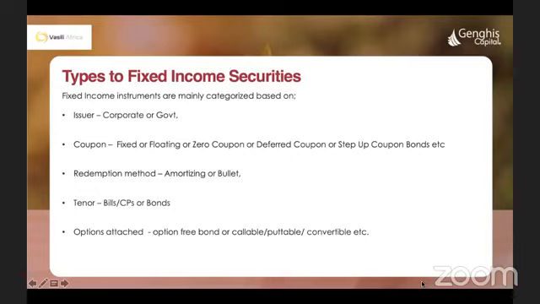Plain, just like that. A callable bond is a bond where the issuer will say, I'm issuing a 5-year bond that will pay coupon at 12% per annum, and the coupon will be paid semi-annually. But from year 2, I have the right to recall this bond if I want. That's called a callable bond.